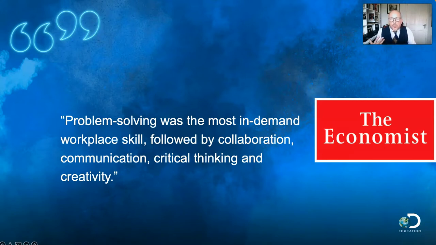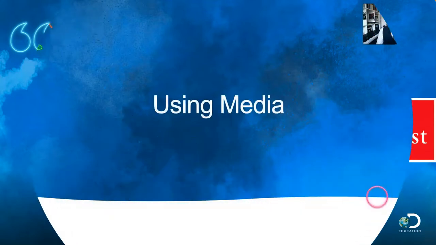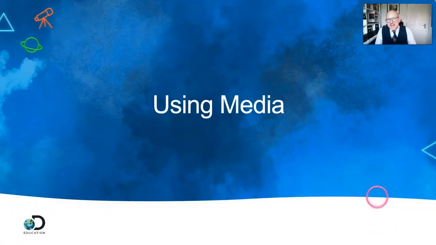However, we're focusing here particularly on literacy, so let's take a look at some of the ways that we can support children as they build their literacy skills. We're going to think first of all about how we can use media to support literacy, and by using digital media get children to use those 4 C skills, to think critically about the information that they're receiving, to collaborate to build responses, to be creative in those responses and to communicate their ideas to different audiences using different mediums themselves.